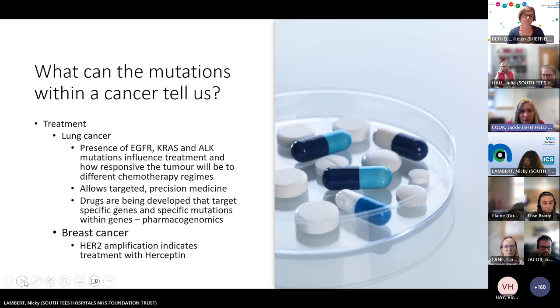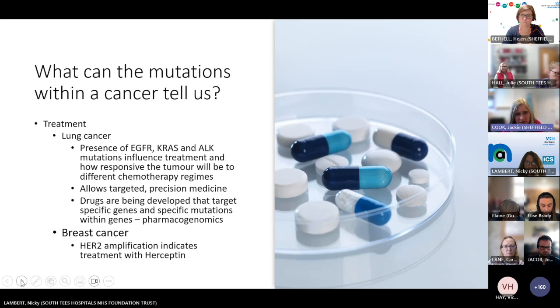So, for example, in lung cancer, we look for specific mutations in 3 genes: EGFR, KRAS, and ALK. And if we find those, that will tell us about specific chemotherapy regimes that we might use that might target those cells. And the number of drugs that are being developed now that target specific genetic changes within cells is increasing exponentially.